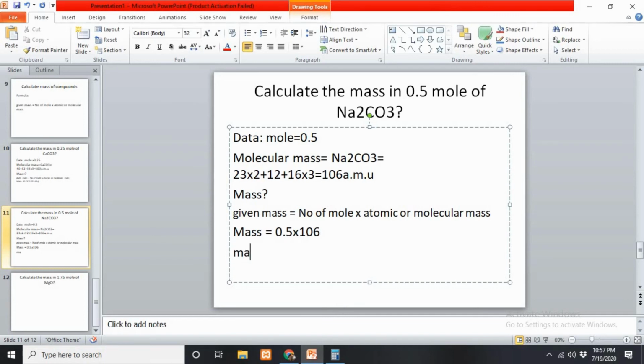So mass is equal to 53 gram. This is the way that you can calculate the mass of sodium carbonate if 0.5 moles is given.